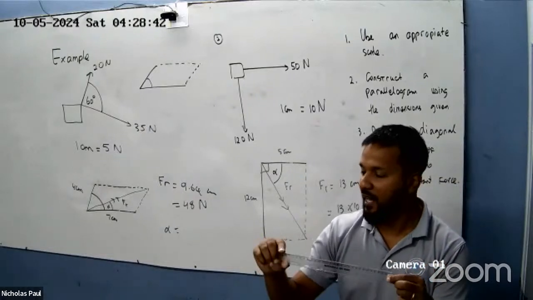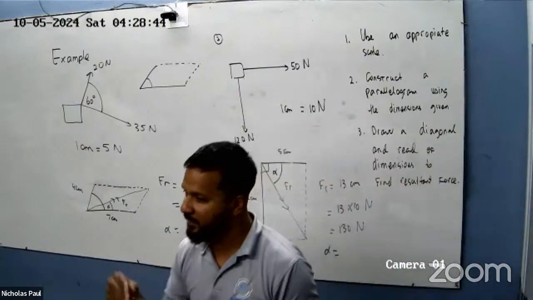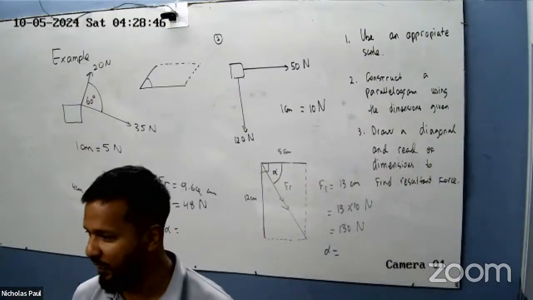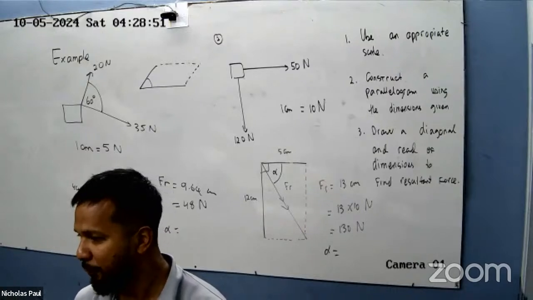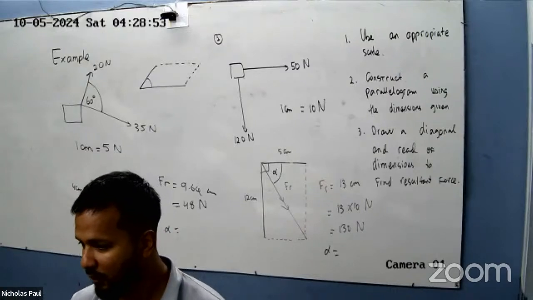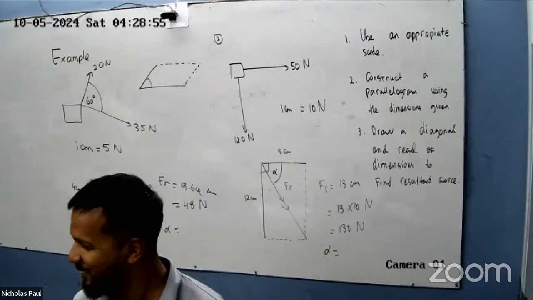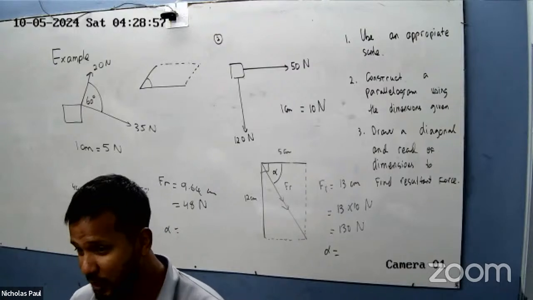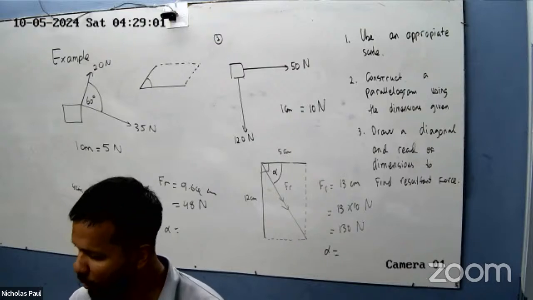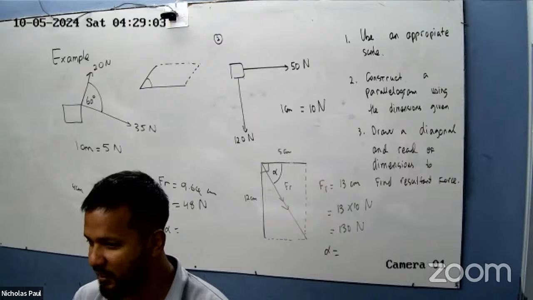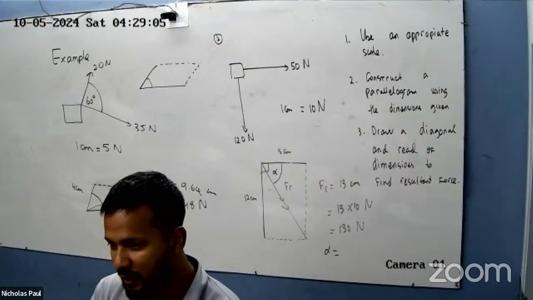And that gives you an idea of what the two things are that control the turning effect. Number one is the force. What's the next thing? The distance of the force from the pivot.